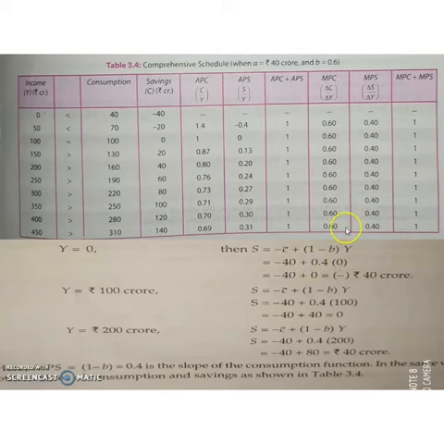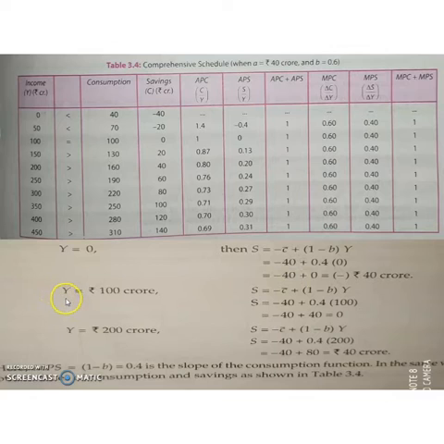If b is equal to 0.6, marginal propensity to save is equal to 1 minus b, that is 0.4. Then our income is 0, so minus 40 plus 0 is equal to minus 40 crore.